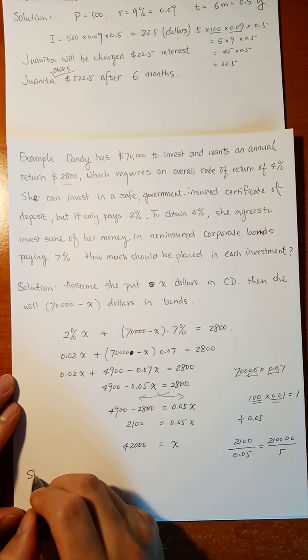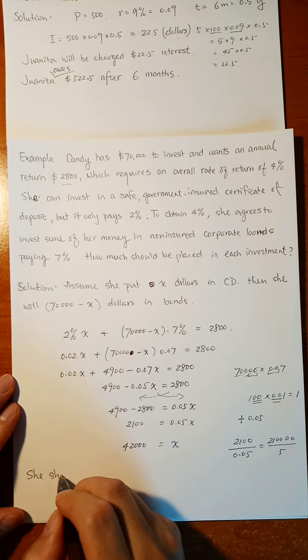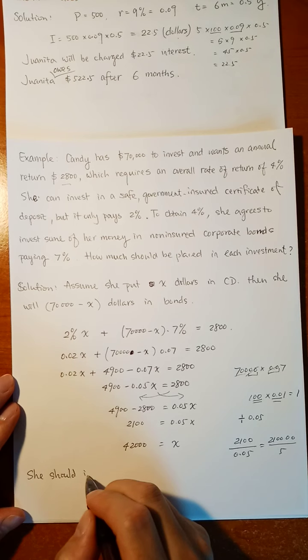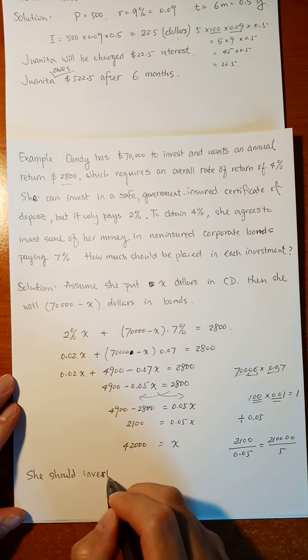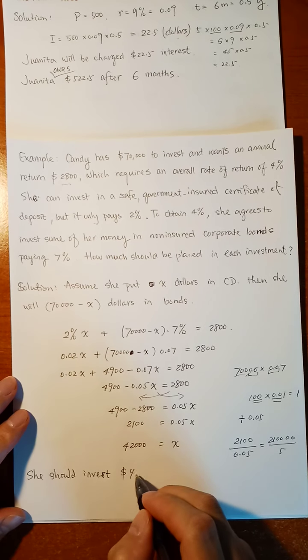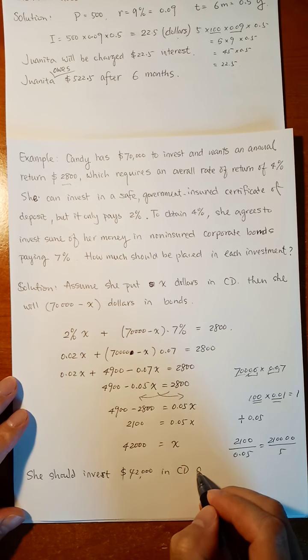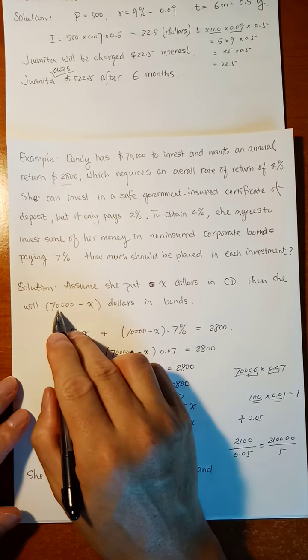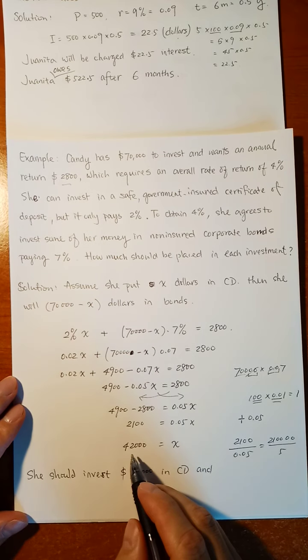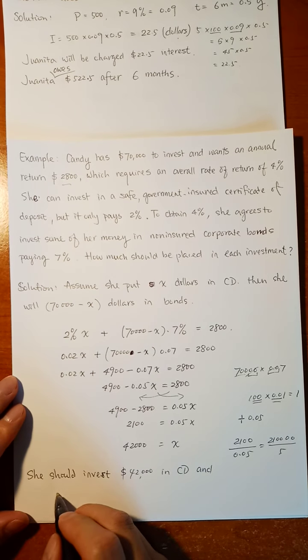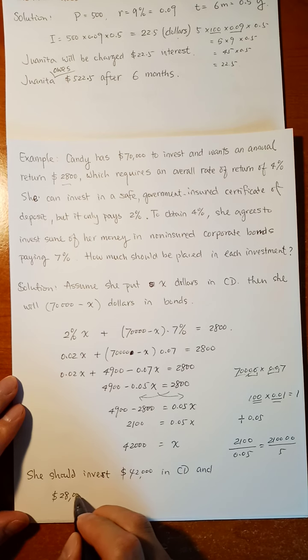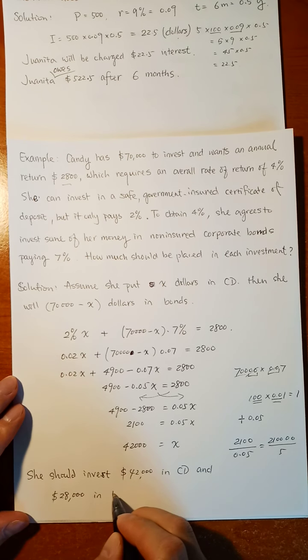So she should invest $42,000 in CD, and the rest of the money is 70,000 minus 42,000, and what's that? It's $28,000 in bonds.